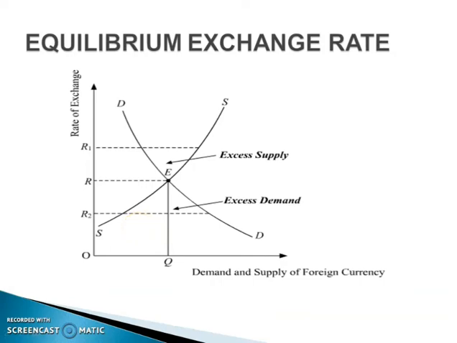This will pull up the price of foreign exchange again to R. So the equilibrium point is E. How is the equilibrium price of foreign exchange determined? The point at which the demand curve and supply curve of foreign exchange intersect each other is known as the equilibrium exchange rate.